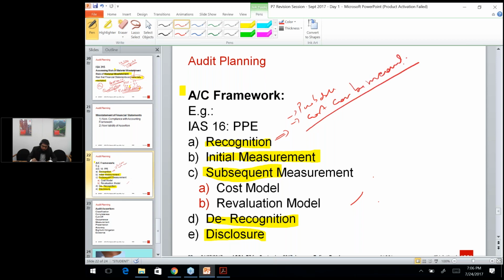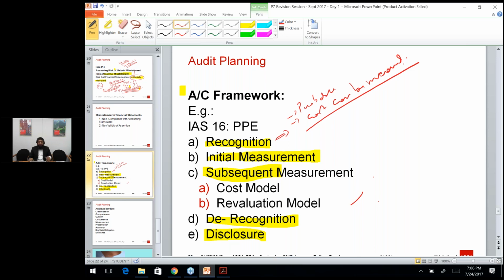If a property, plant and equipment does not meet this recognition criteria, then it should not be recognized.